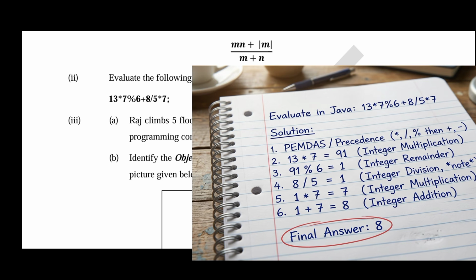When we divide 91 by 6, we get remainder as 1. So here it will be 1 plus 8 divided by 5 into 7. Because division and multiplication have the same priority level, we go from left to right, so 8 divided by 5 results in 1, and 1 into 7 is 7. So 1 plus 7 will be 8. So the answer of this second question will be 8.